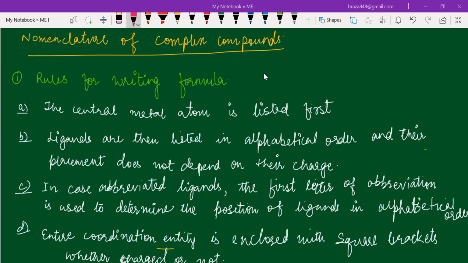I can't see the last one. B. Can't see the last one.